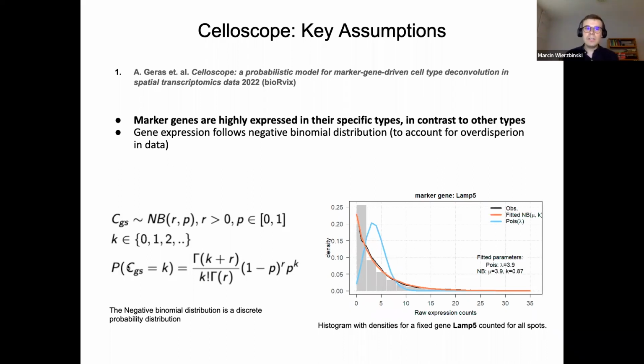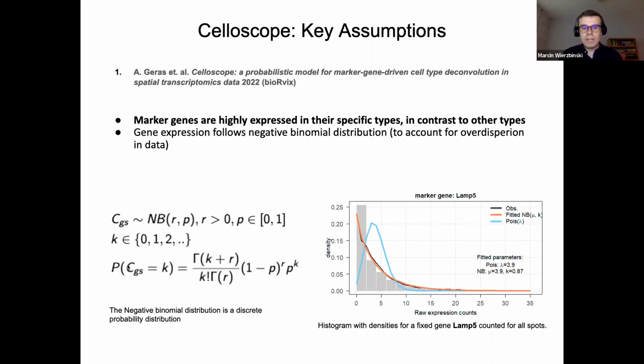This distribution has two parameters, r and p, and these parameters will be variables in our probabilistic graphical model.